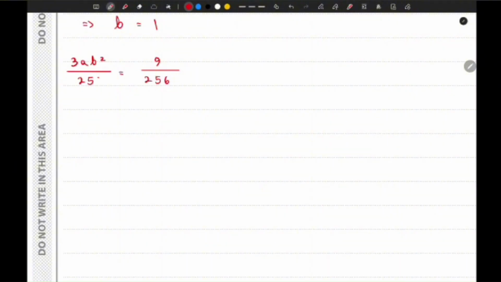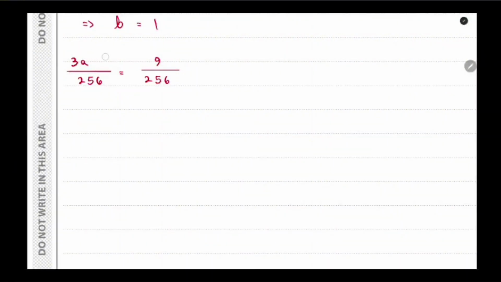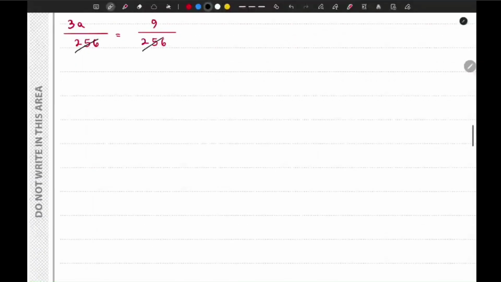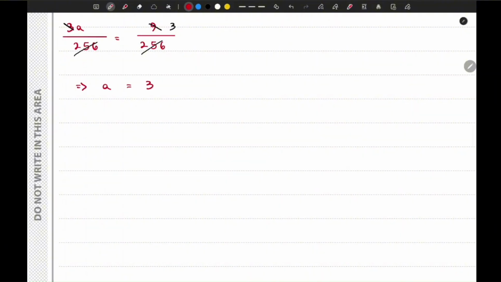And the value of b is 1. So this becomes 1. So this cancels this out, and this becomes 3. So the value of a is 3. And that is it for this part.